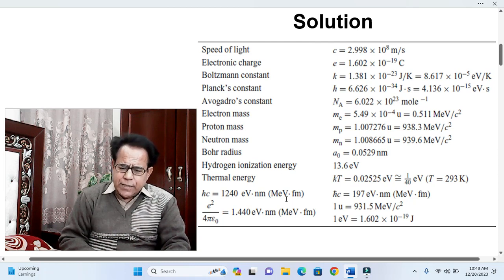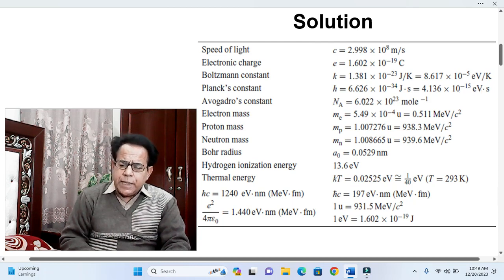This is actually Planck's constant h multiplied by speed of light c. The speed of light is given at first serial, c equal to 2.998 times 10 to the power 8 meter per second. Moreover, the value of Planck's constant h is given as 6.626 times 10 to the power minus 34 joule second, which is alternatively equal to 4.136 times 10 to the power minus 15 electron volt second.